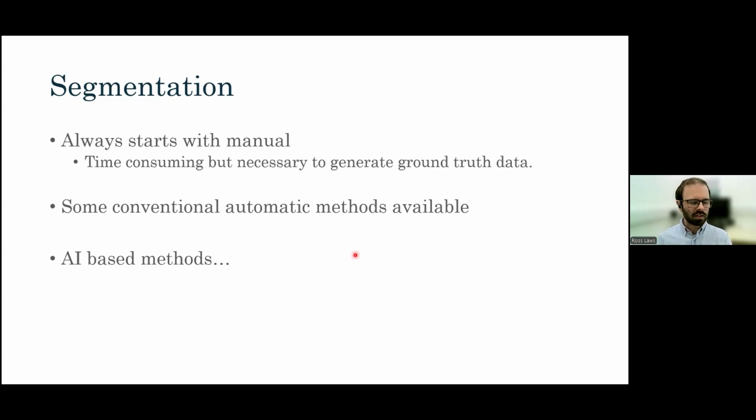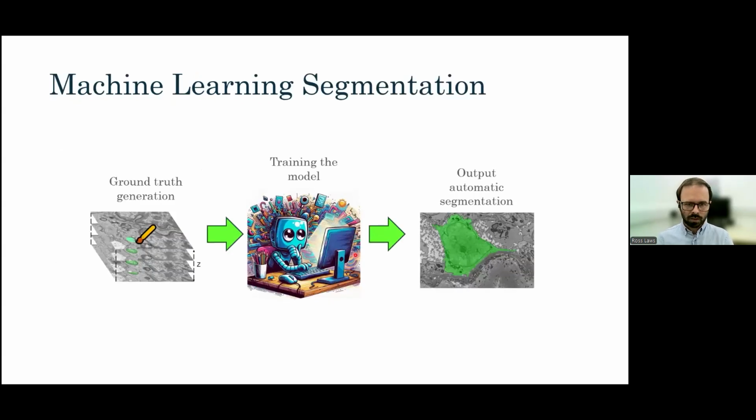But there's also these days AI-based methods that can speed up the process and sometimes be even better than the current conventional automatic methods. Just to give you some context, machine learning segmentation involves ground truth data generation by you, where you manually or semi-automatically segment the object that you're interested in the images.